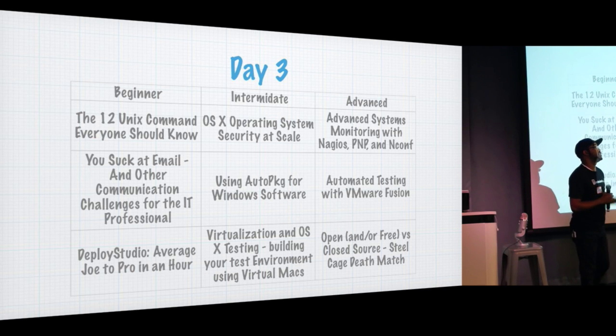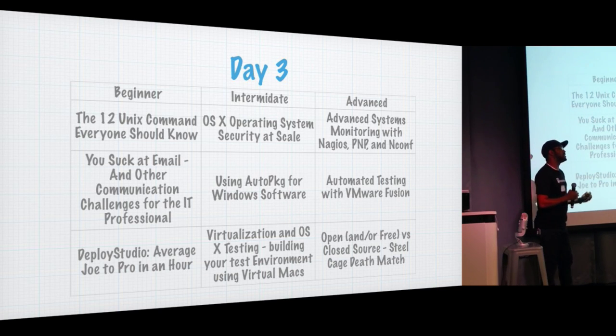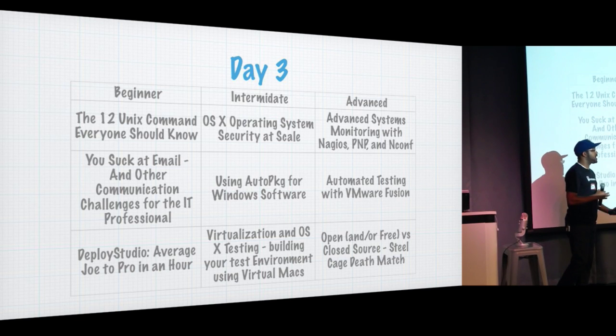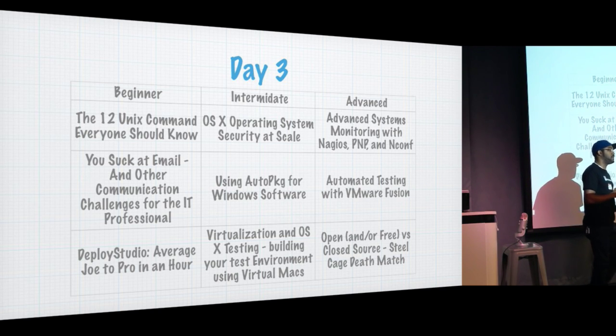Using AutoPkg for Windows software was probably the most mind-blowing talk that I went to. Only because you would think, it's a Mac conference, why are you having a Windows talk? Does everyone have a 100% Mac environment and not a single Windows machine that they're servicing? How many people have them? 2, 3. Yeah, you have them.